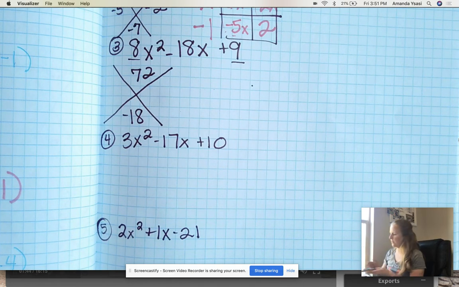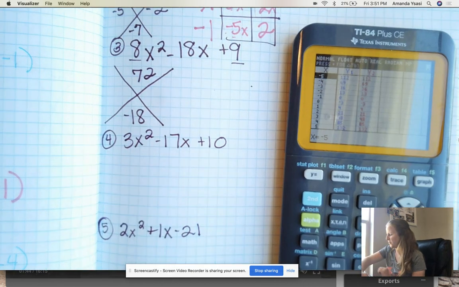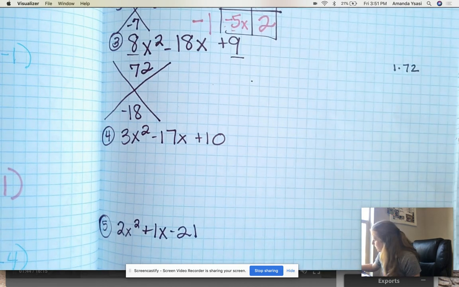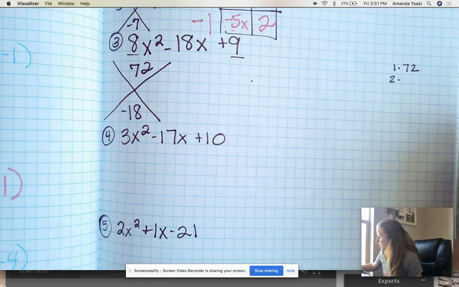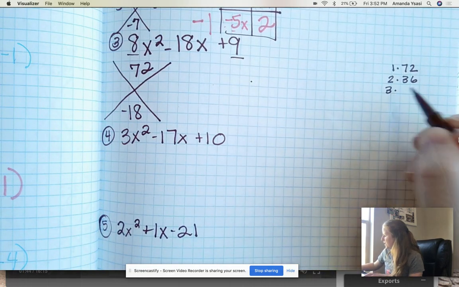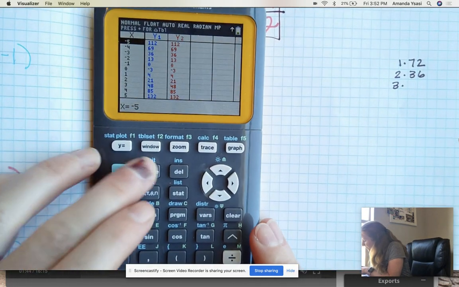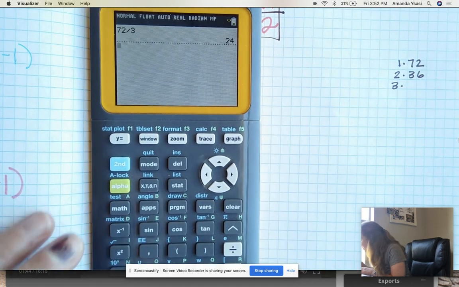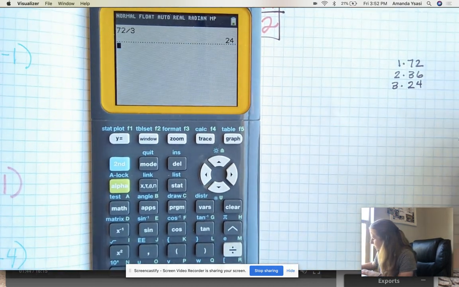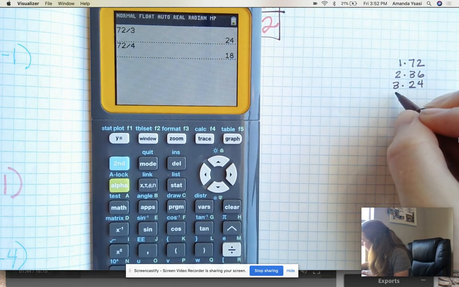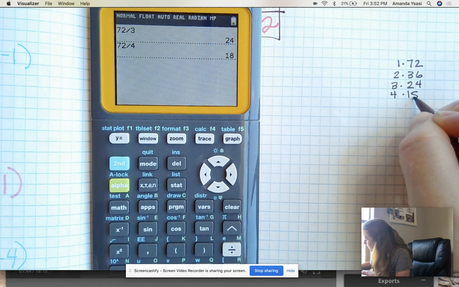So let's see. I know 1 times 72, if you want to list those out, you can. So like 1 times 72, it's not going to work. 2 times 36, it's not going to work. 3 times, let's see, 72 divided by 3, 24, that's not going to work. 72 divided by 4, 18, 4 times 18.